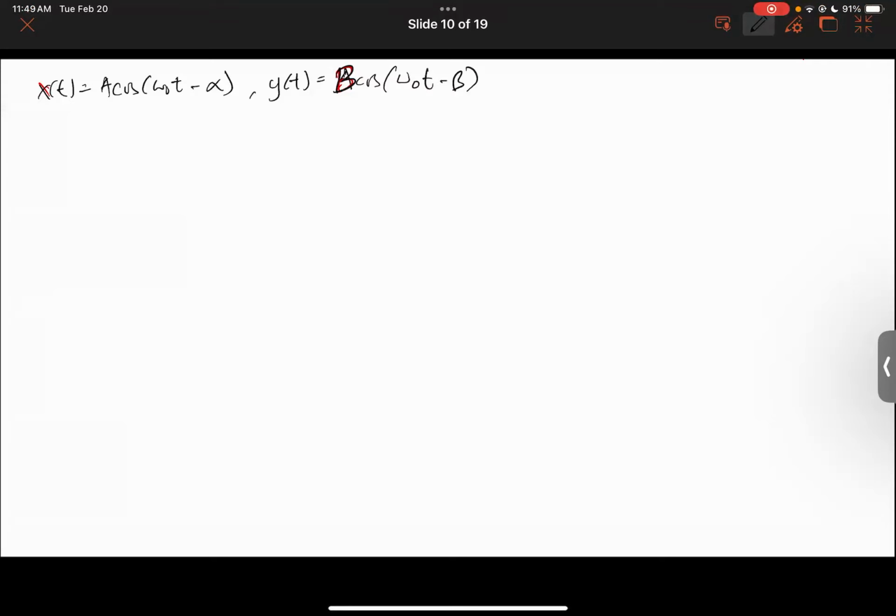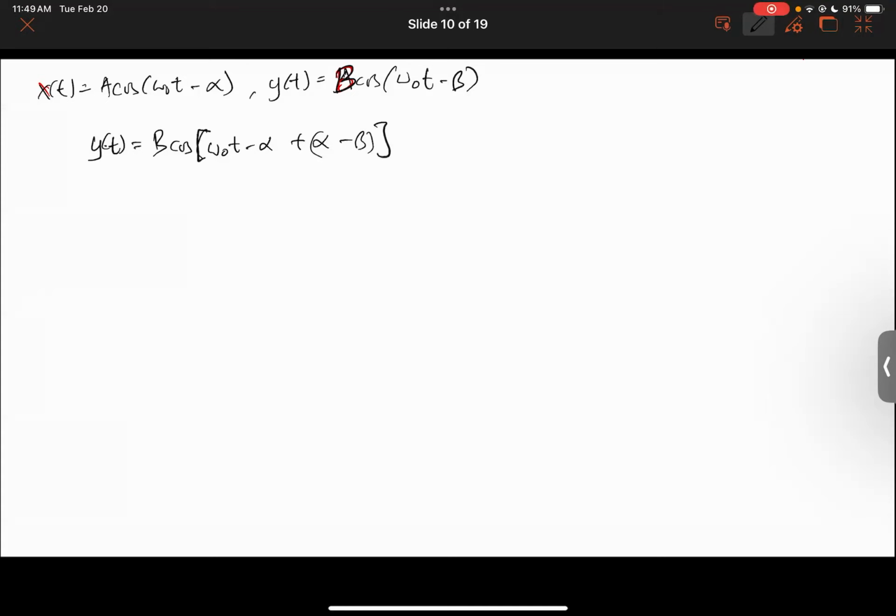Starting from y of t, we get b cosine omega naught t minus alpha, plus alpha minus beta.